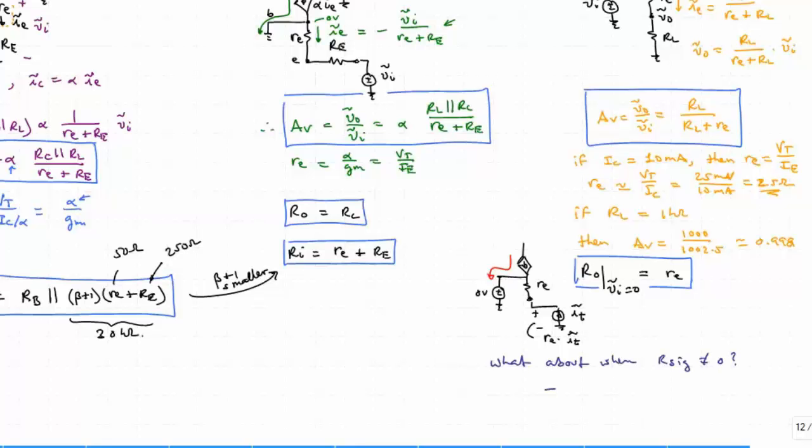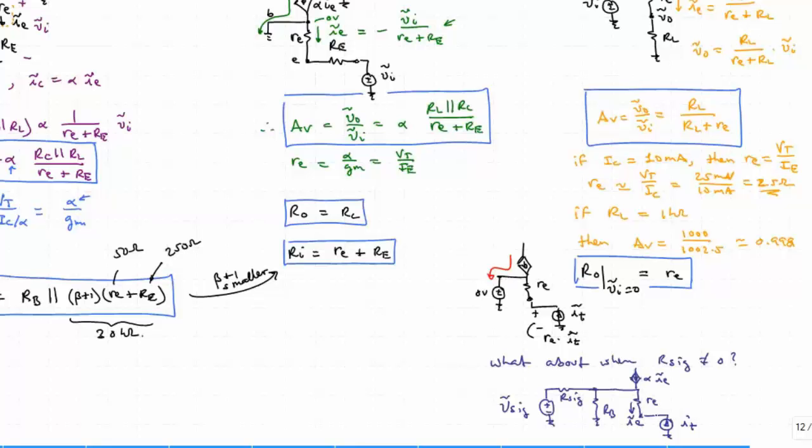In other words, we have R sig, I'll call this V sig, and then we have RB, and then our model has little re, and this goes out to our test current source, IT.